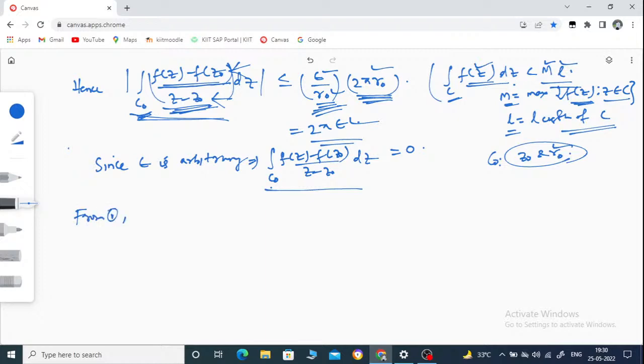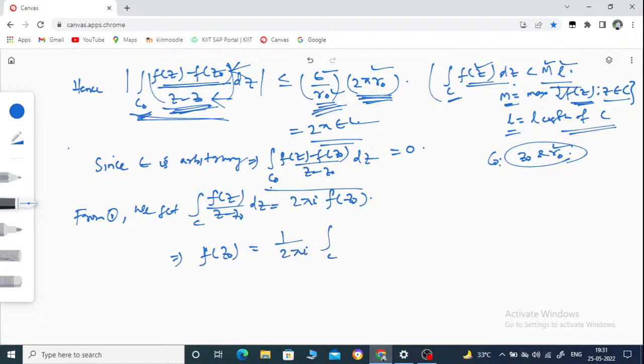Now since this thing is equal to 0, from equation 1, which I told you about on my last page, we get the integration over c of f of z divided by z minus z naught dz is equal to 2 pi i f of z naught, or you can say f of z naught is equal to 1 by 2 pi i times the integration over c of f of z divided by z minus z naught dz.